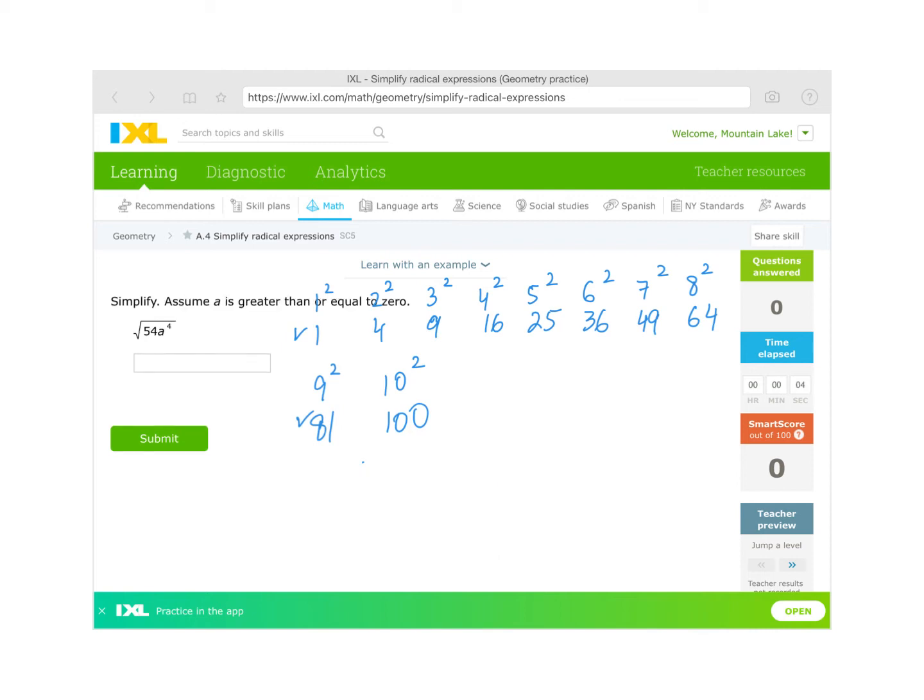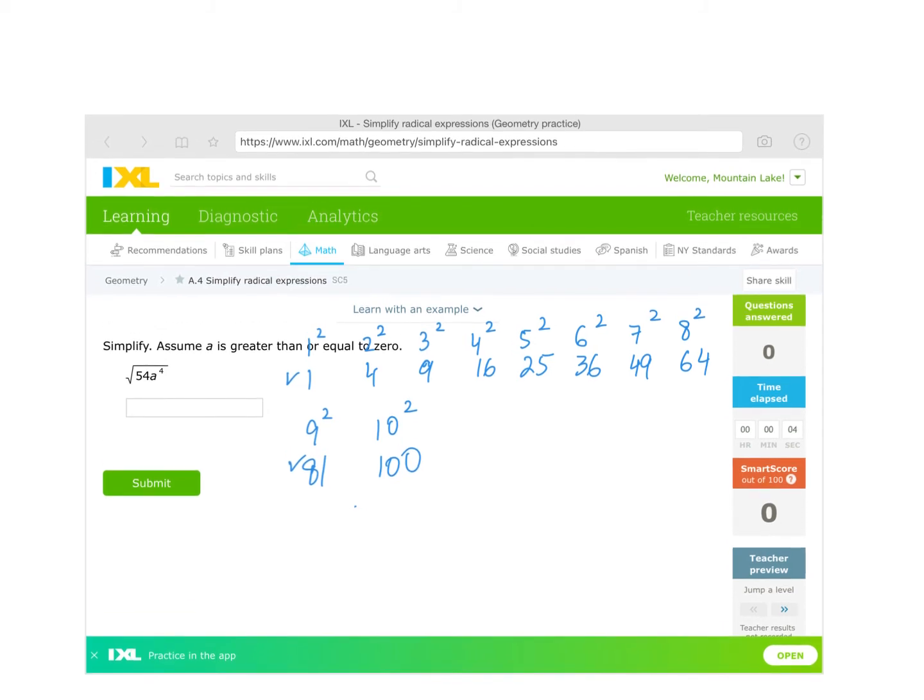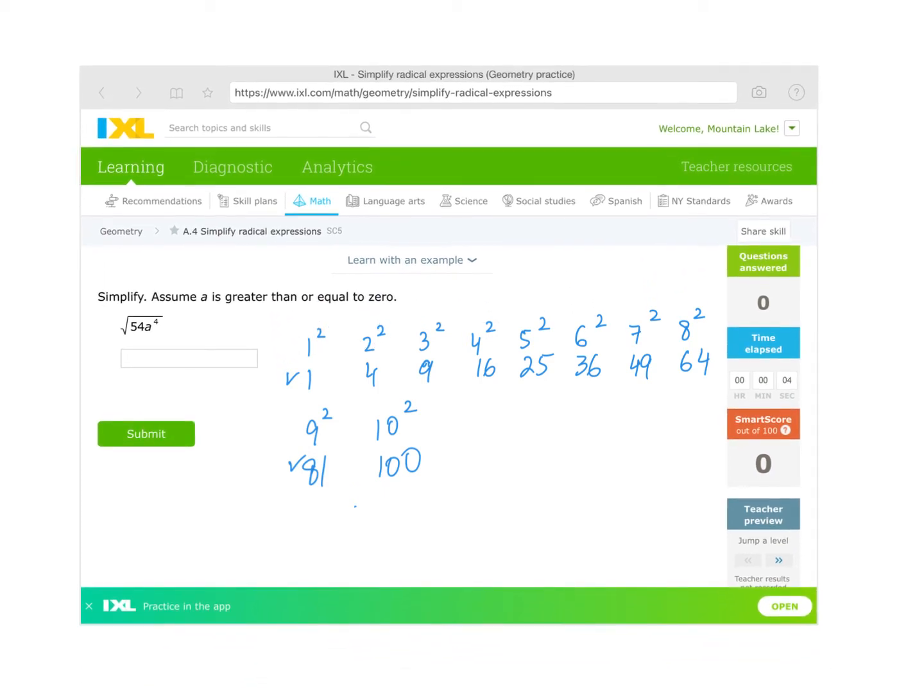So here we have the square root of 54 a exponent 4. When I break 54, what would that be? 54 can be written as 9 times 6, a exponent 4.